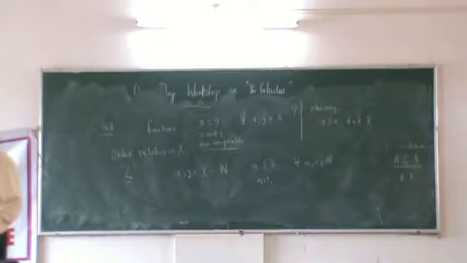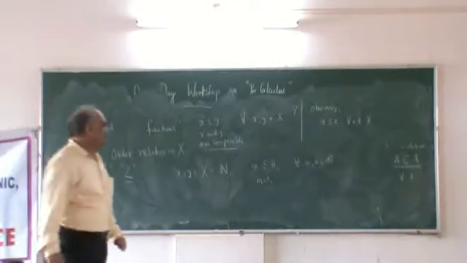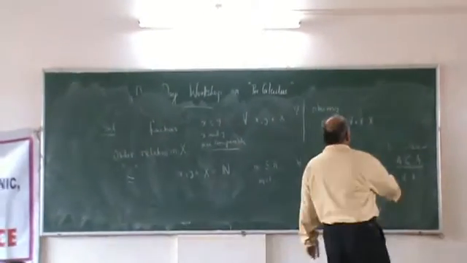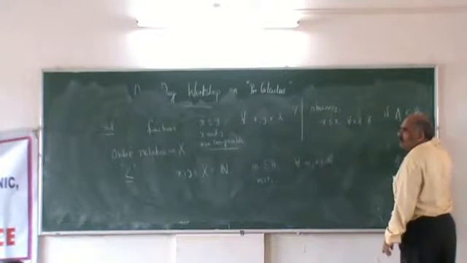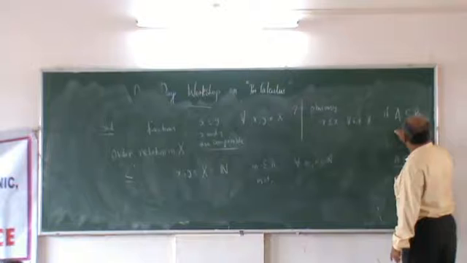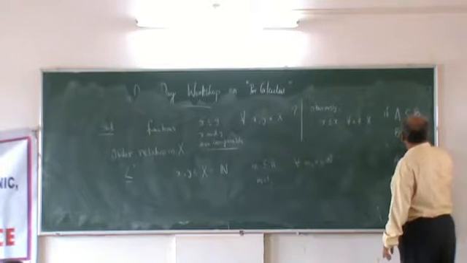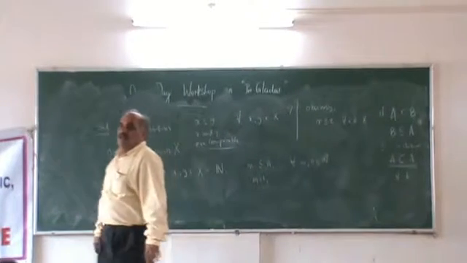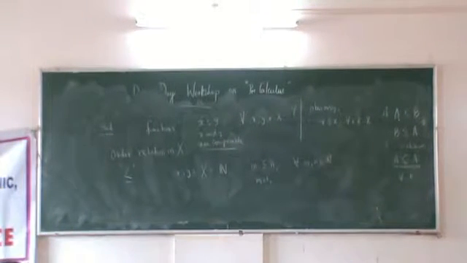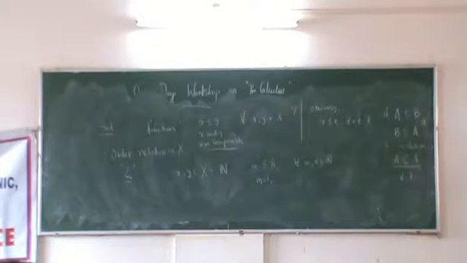But if I change A and B, will that happen? That is the problem. I want this to happen for all. If A is less than or equal to B, will that mean B is also less than or equal to A? That's the question. If that happens, then such a relation is called symmetric, isn't it? So that is stronger for all those things.